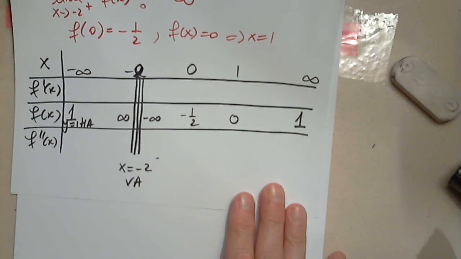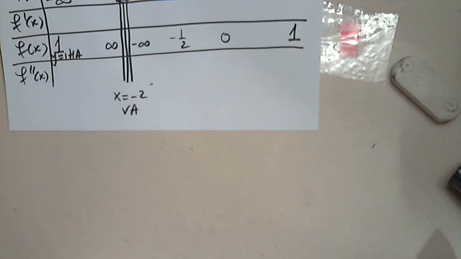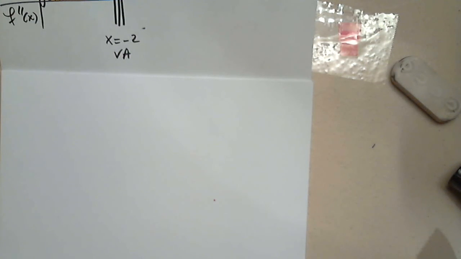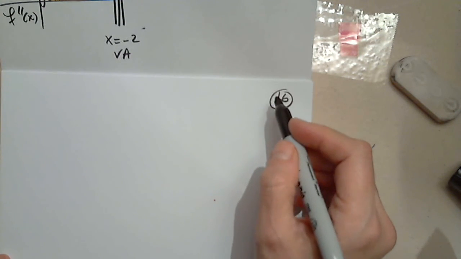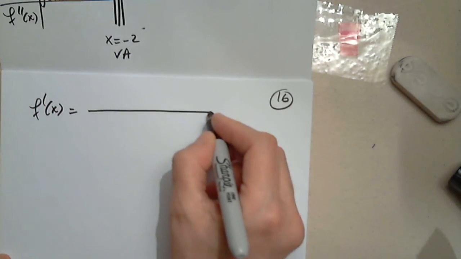My next step is the first derivative, and to study the sign of the first derivative. So f prime, it's a quotient.